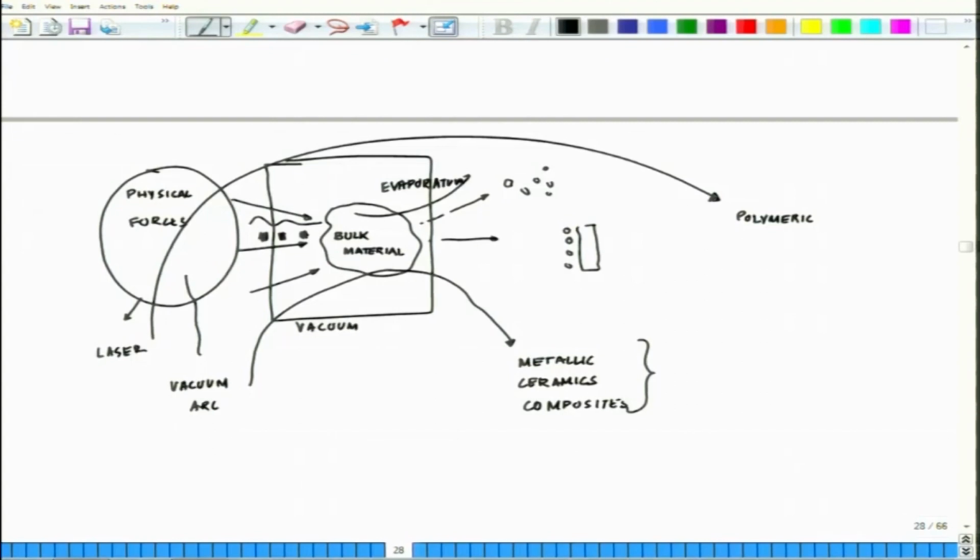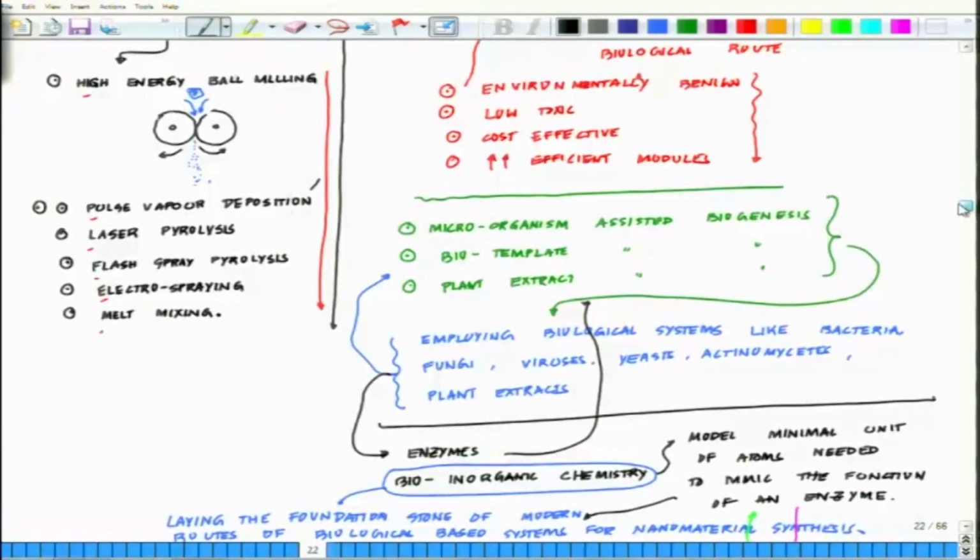This method can be used to synthesize a wide variety of nanomaterials like titanium oxide, silicon oxide, aluminum oxide, iron oxide, like TiO2, SiO2, Al2O3, Fe2O3, and there are a series of other oxides and non-oxides.